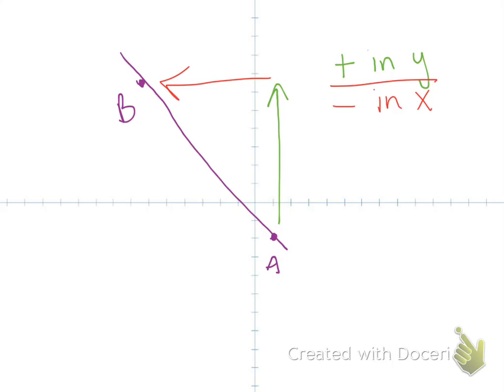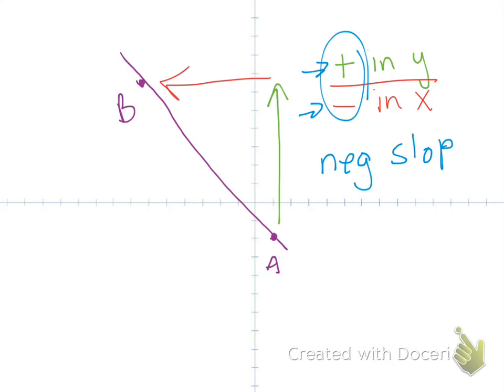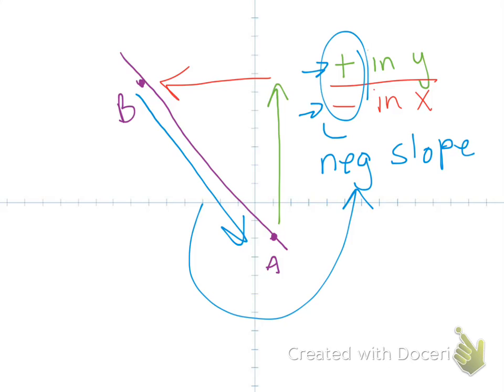When I put those together, a positive divided by a negative is a negative slope. Now, what some people think is that, oh, I go from A to B, that means I go up. No, that is so wrong. Remember, left to right. Left to right, I go down. So I go down, that means I have a negative slope. I got negative slope from up there.